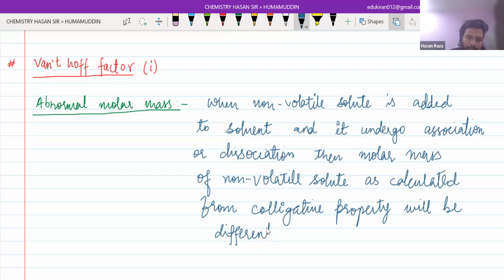It will be different from its normal molar mass. This is known as abnormal molar mass.